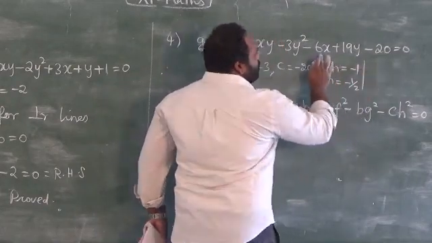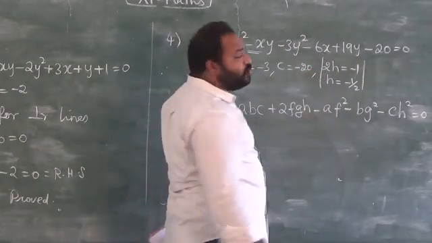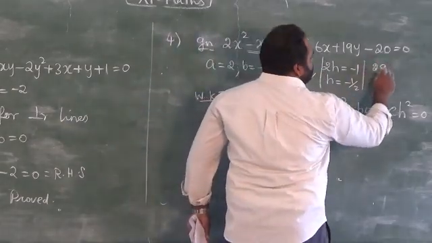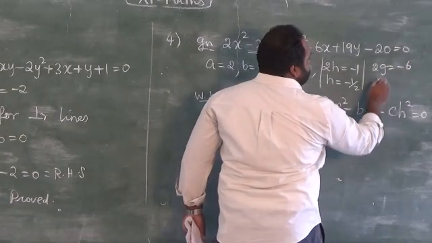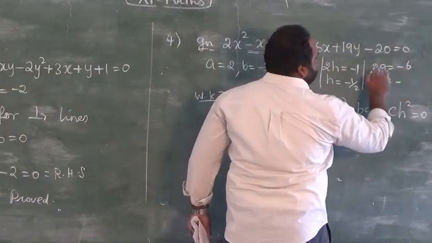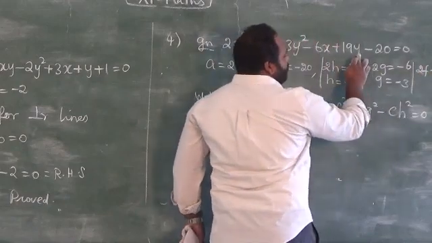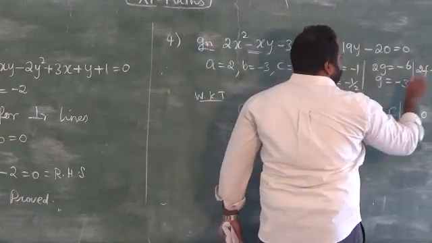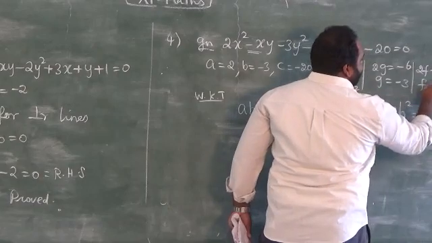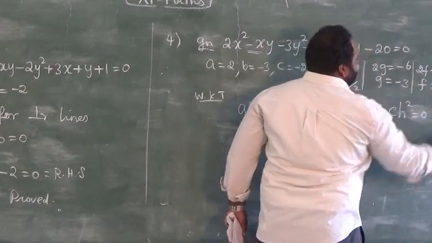Next, coefficient of x is 2G value, so G is equal to minus 3. Next, 2F, coefficient of y is 19, F equal to 19 by 2.